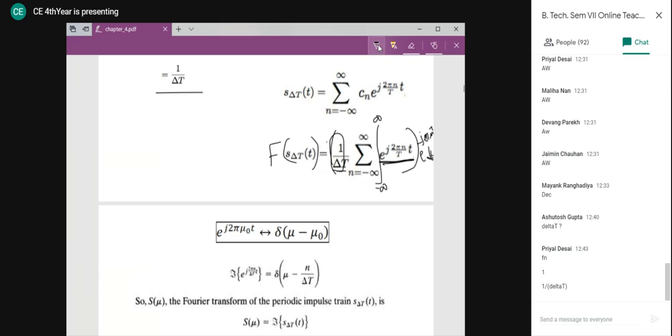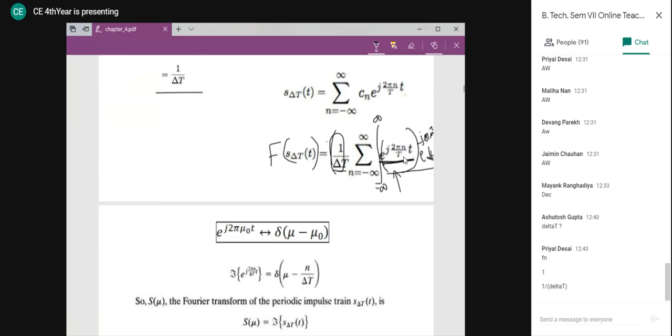Okay. Now, if you observe this carefully, what we have is nothing but the definition of the Fourier transform of this exponential. So what is the Fourier transform of the exponential? If it is e raised to j 2 pi mu 0 t, then the Fourier transform is delta of mu minus mu 0.